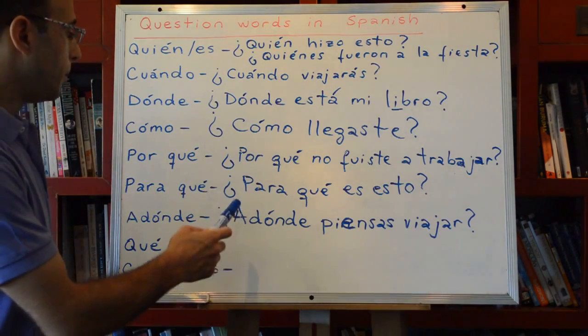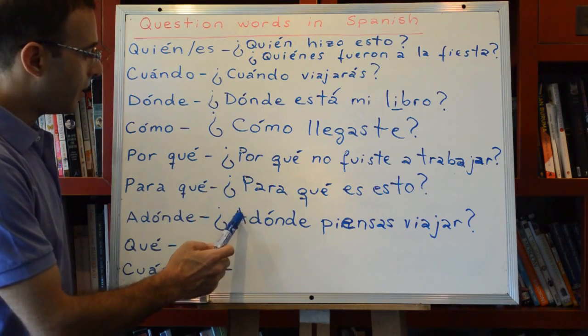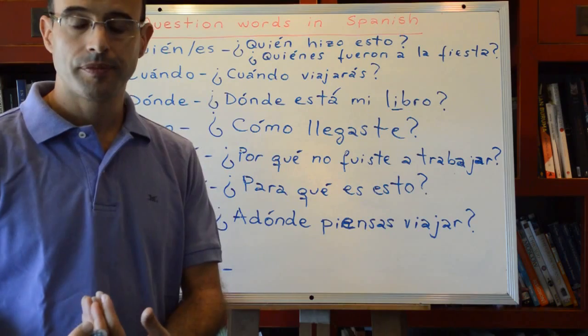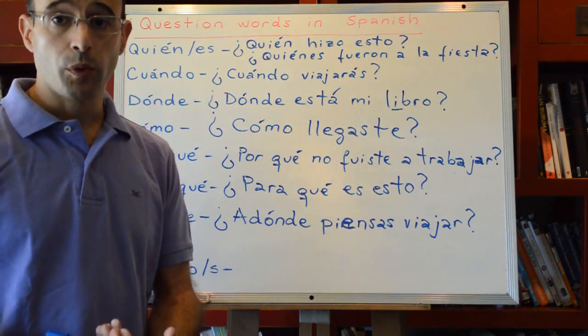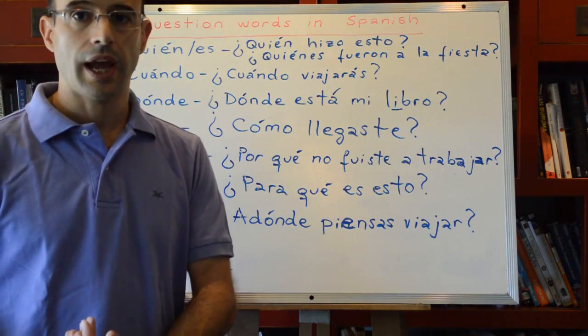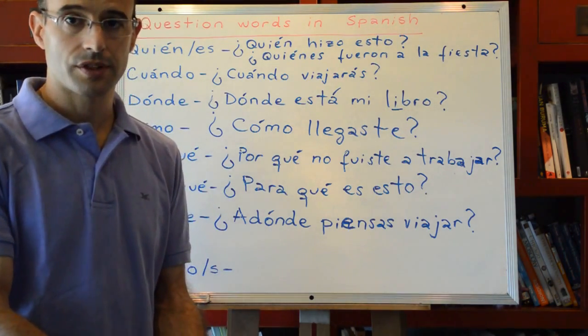Okay? Because the letter A at the beginning actually comes from the preposition a. The word a, which is a word of itself, is a preposition in Spanish and is the equivalent to the preposition to from English.